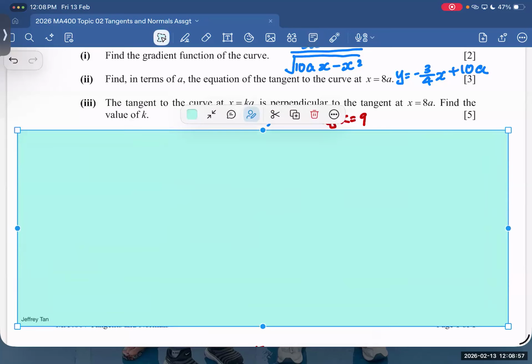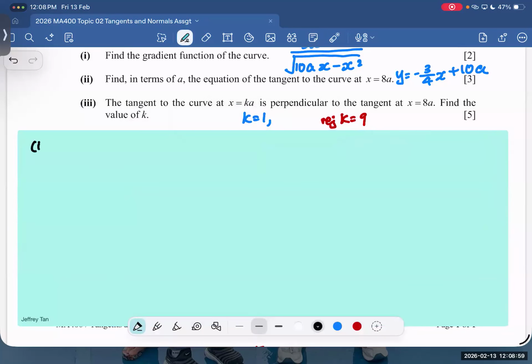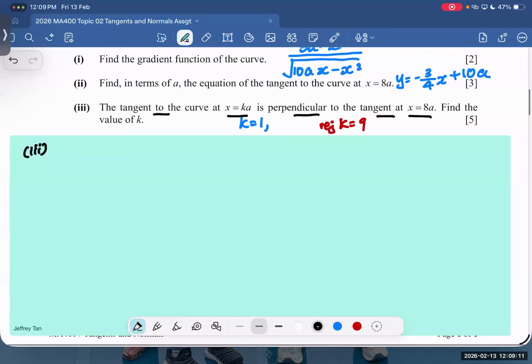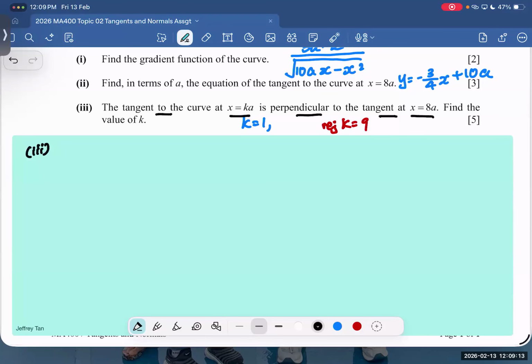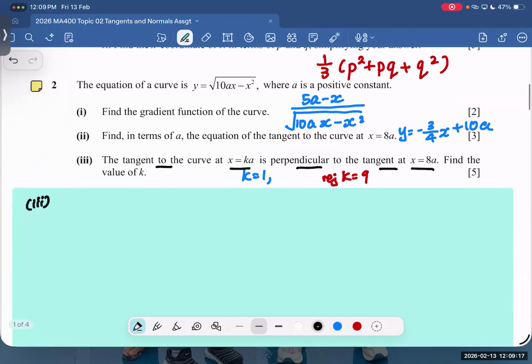Okay, next one. So now I go to part 3. So I look at Ka. The tangent at Ka is perpendicular to the tangent at 8A. One is 8, one is K. So now, can you tell me the tangent to the curve at Ka, what is the gradient?